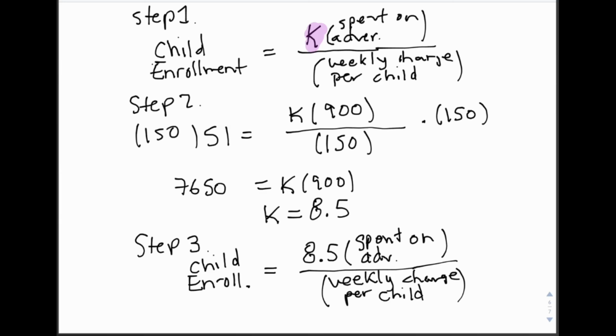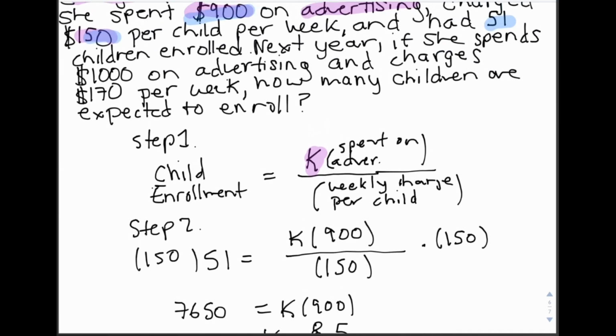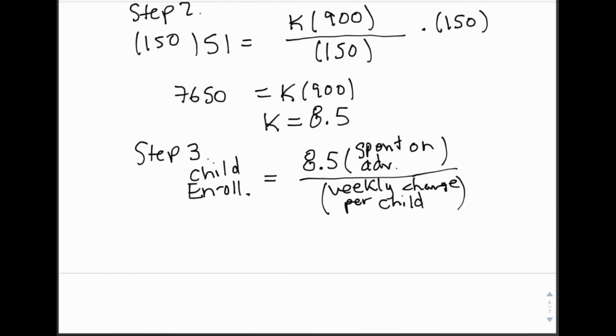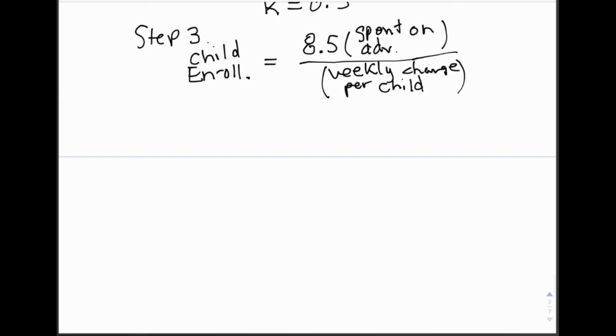So let's find our second set of values here. Our second set of values is, she spends $1,000 on advertising and charges $170 per week, and we want to figure out how many are expected to enroll here. So plugging those values in, we should have child enrollment.